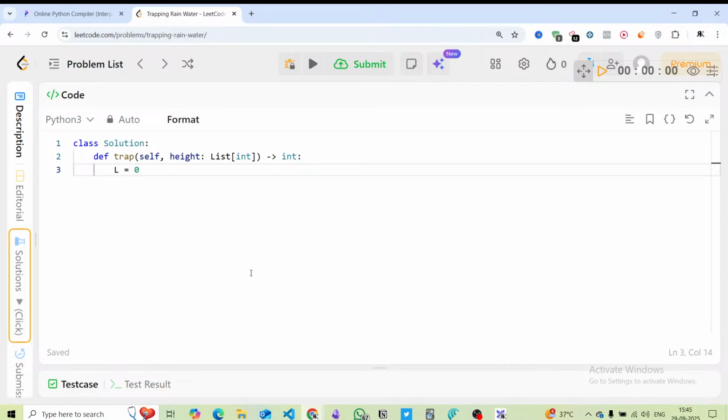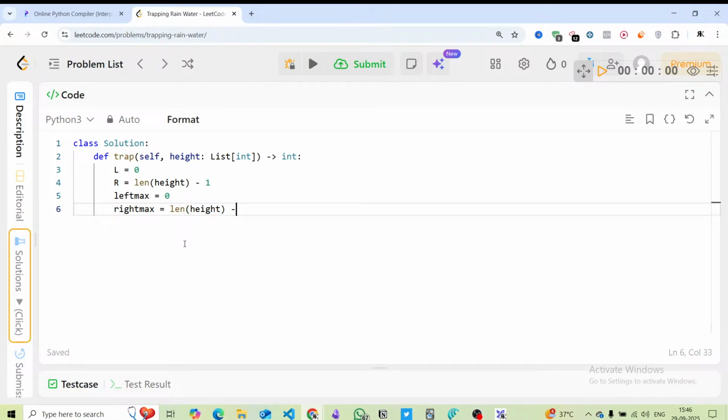So we just set left equal to 0 and right equal to the last index, and then the left max is at 0 and the right max is at length of height minus 1.